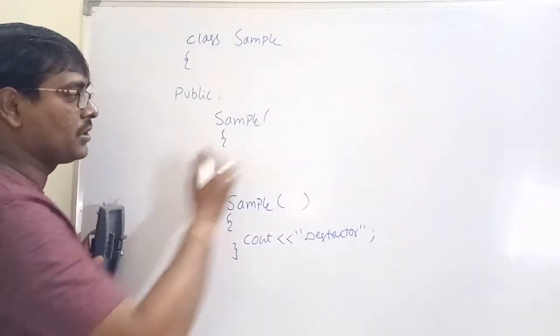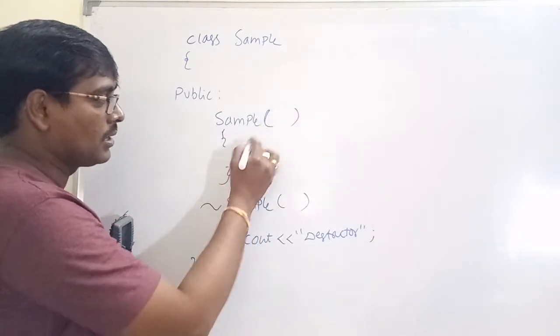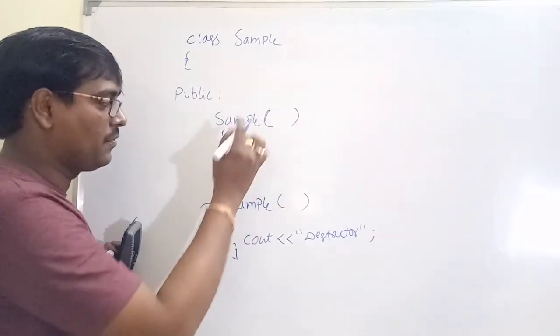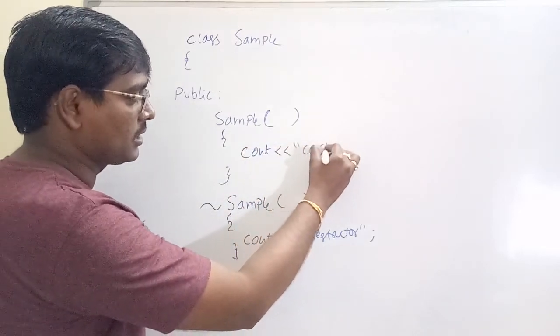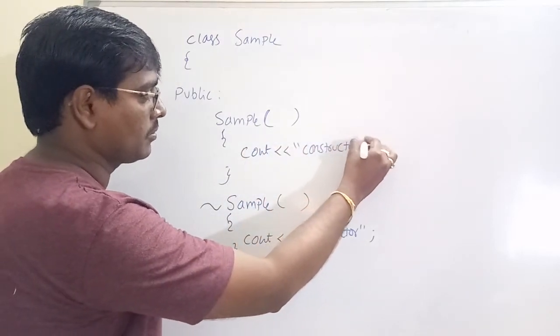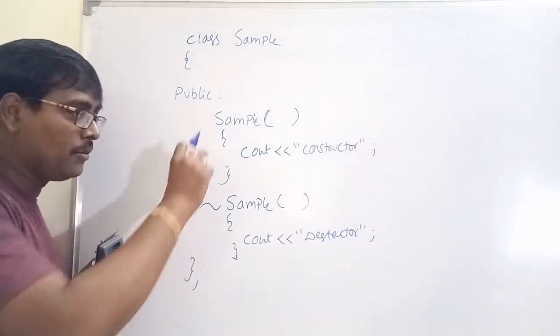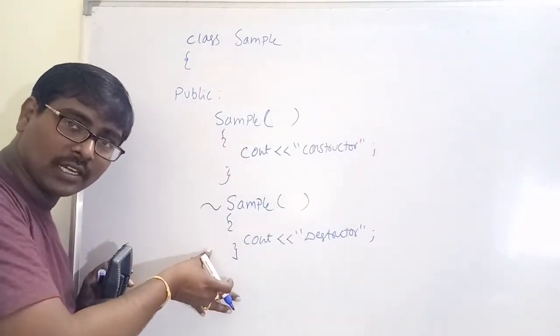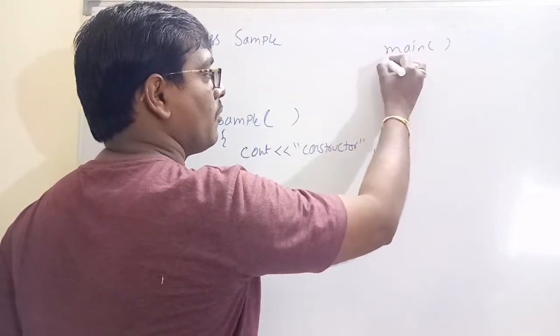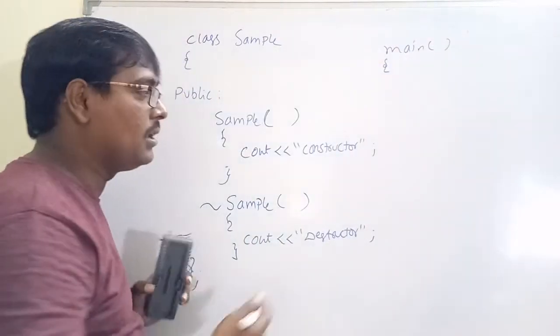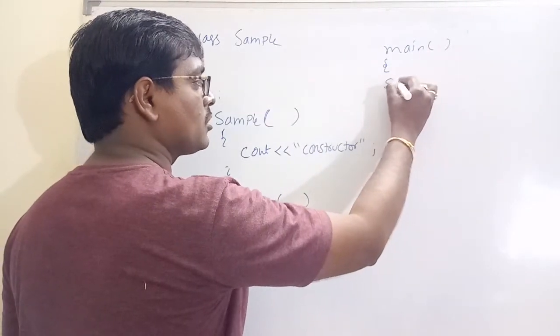Instead of display function, a simple constructor, that is a default constructor, cout constructor. Okay, I am using one constructor and one destructor in the program. Now create the main. What is the first step?